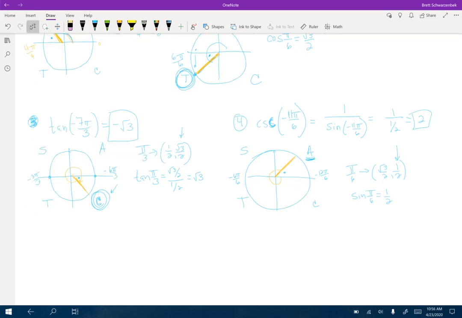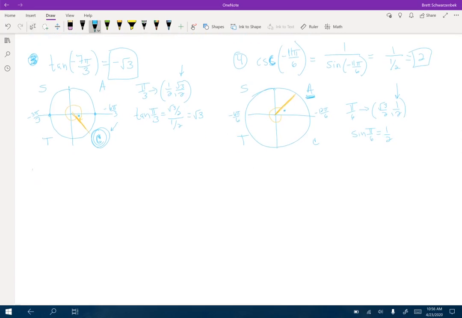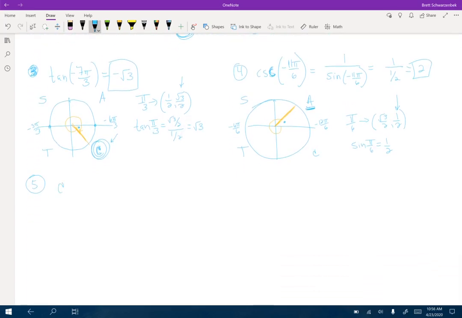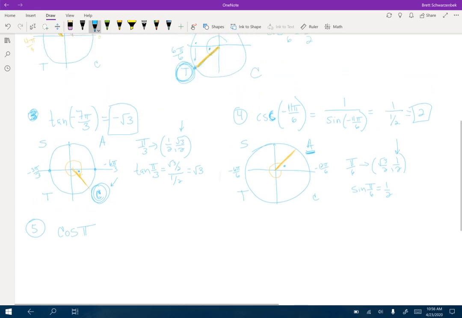Okay, I just want to talk about 2 other examples and then we'll move on. So let's just say, for argument's sake, we did the cosine of, let's say, pi. Okay, so what this does is change things up a little bit.